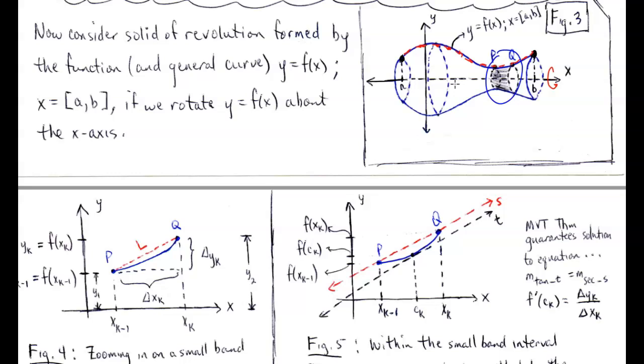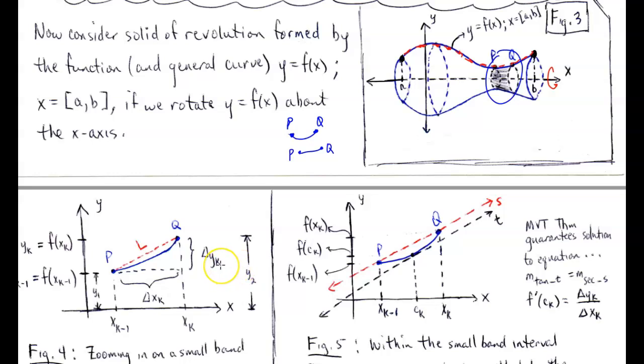The idea is that we want to pick a band that is small enough that this curve you see from P to Q, even though it is curved, will look like a straight line because it's so small.